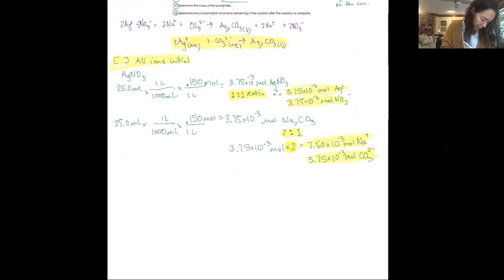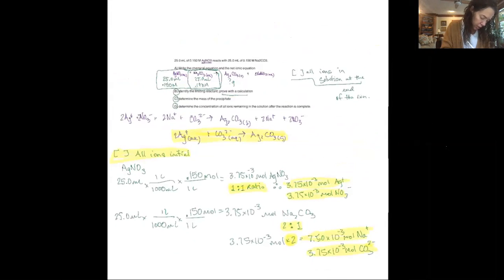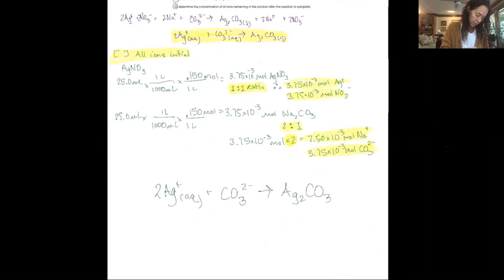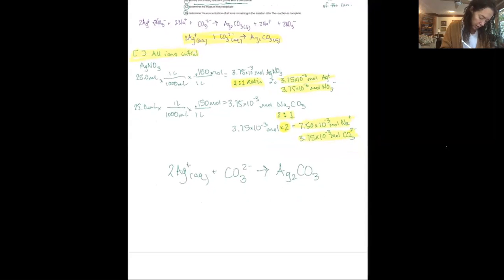But we have 2Ag plus CO3 2 negative formed Ag2CO3. This was our actual reaction, right? So right here, I need to identify the limiting reactant. Well, let's go like this, guys. This is my reaction. So let's just look at this.